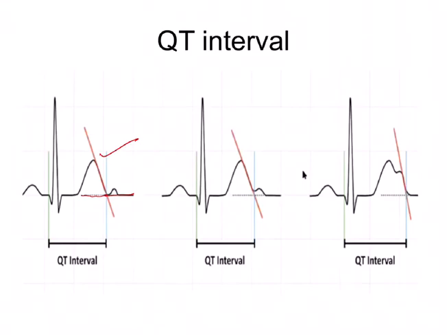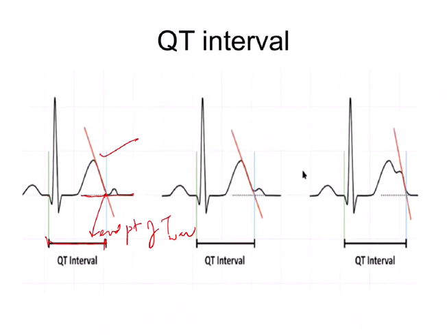The point where the tangent and the baseline meet is the end point of the T wave. So the QT interval is the time from the start of the Q wave to the end of the T wave.